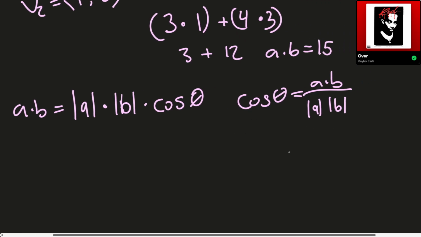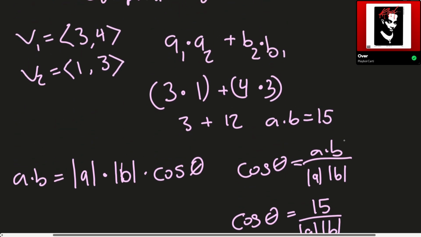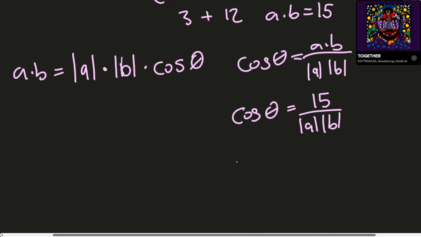We'll use this equation right here. Cosine theta is equal to 15 over magnitude a times magnitude b. The magnitude of a, we've already done this, that is equal to 5.